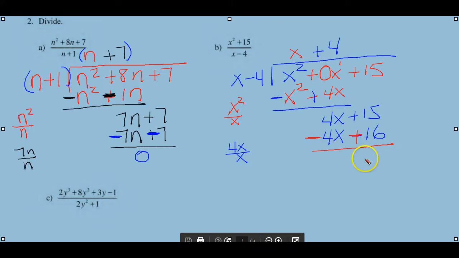So this becomes a 0, and this is a positive 31. That is your remainder. So as you put your answer in, you have this plus 31 over x minus 4. And if you check your answers, that checks out.